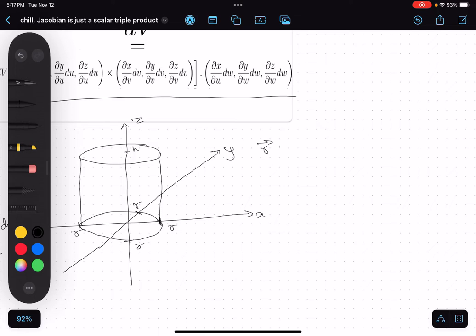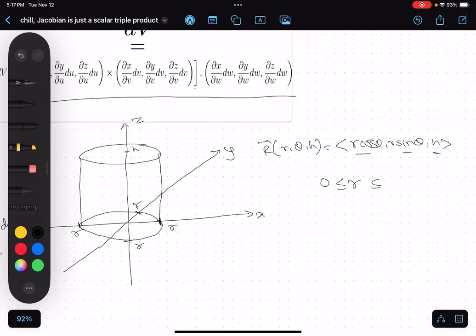I can write this figure as a set of vectors given by r, theta, and s. This represents the output vector. Let me represent this by capital R. So R vector is r cos theta, r sin theta, and s, which are the x coordinate, y coordinate, z coordinate, right?